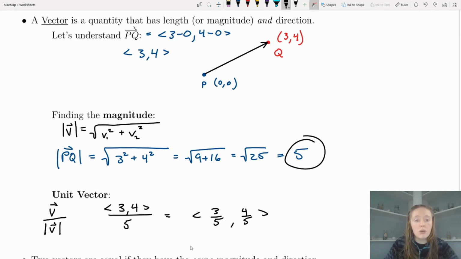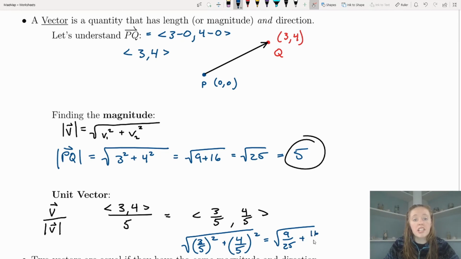So just to show you, let's take the square root of (3/5) squared plus (4/5) squared. We'll get the square root of 3 squared, which is 9, over 5 squared, which is 25, plus 4 squared, which is 16, over 5 squared, which is 25.